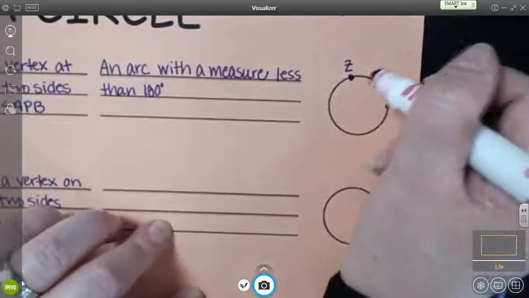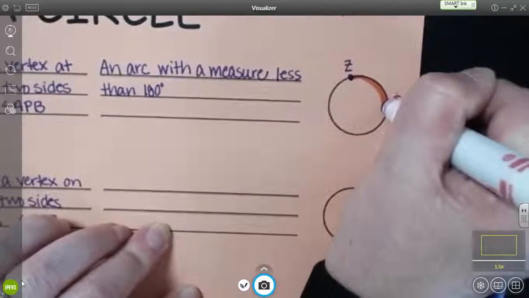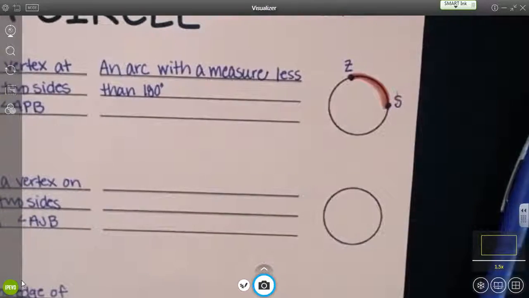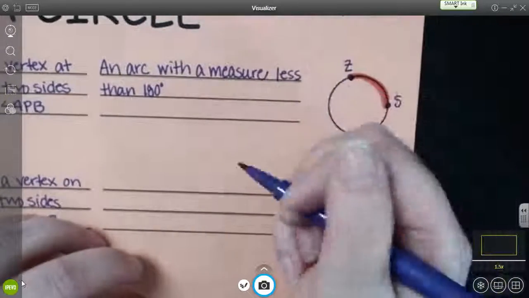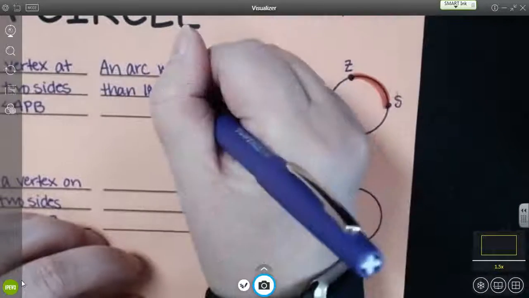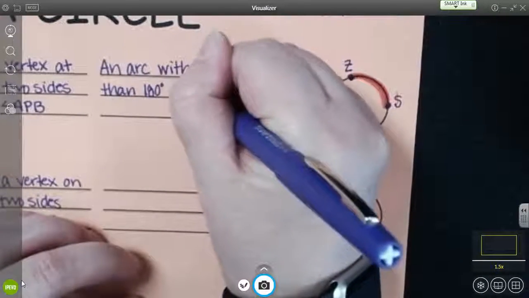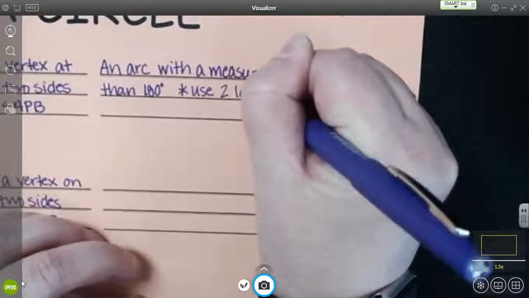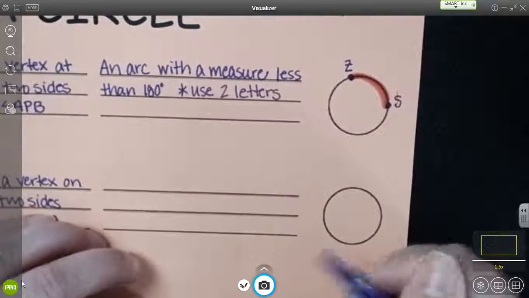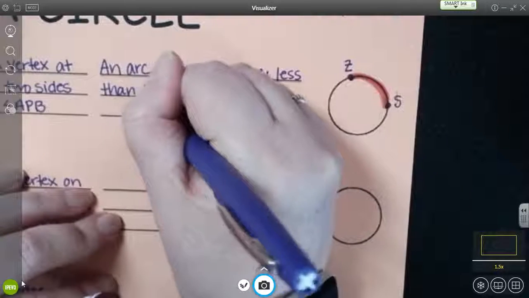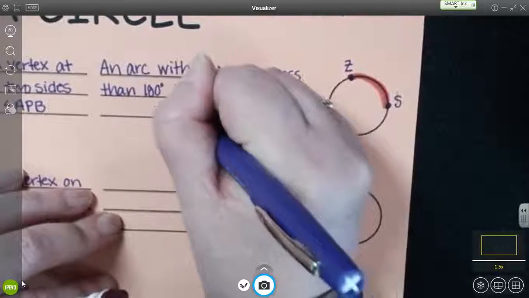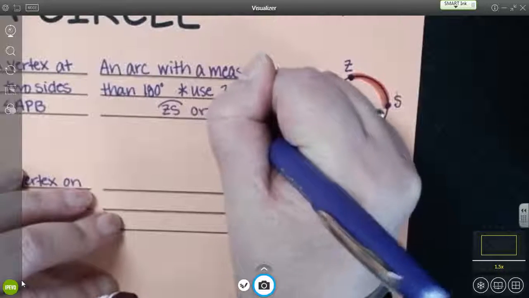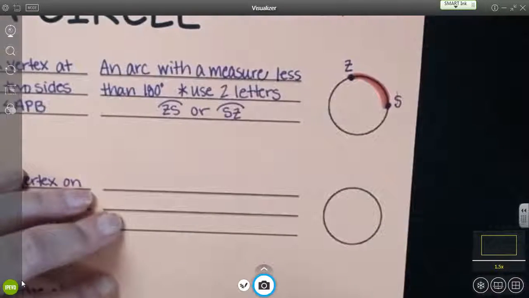So make sure you're paying attention to the direction that you're going. And with minor arcs, we always use 2 letters to name the arc. So in this case, this would be arc ZS, or we can call it arc SZ, doesn't matter.